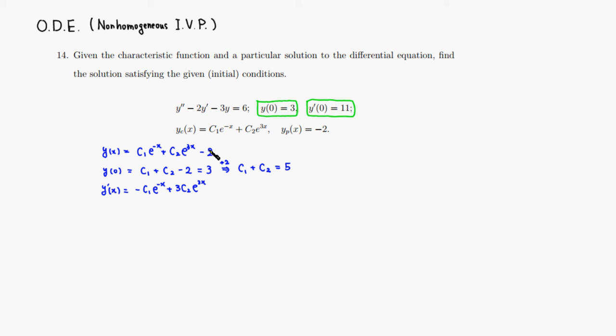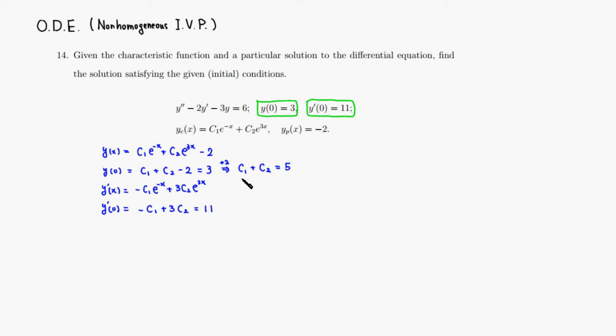And the derivative of negative 2 is gone because it's 0, since it's a constant. Then we plug in 0. So y prime of 0 is equal to negative c1 plus 3c2, and this is supposed to be equal to 11.